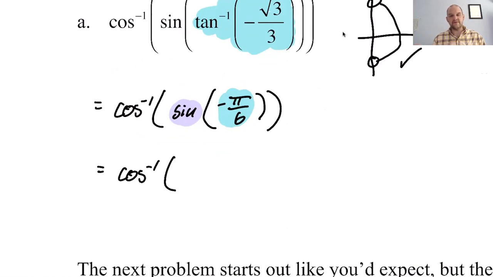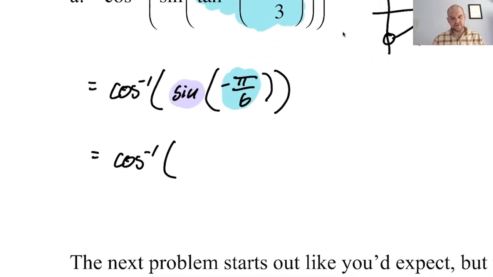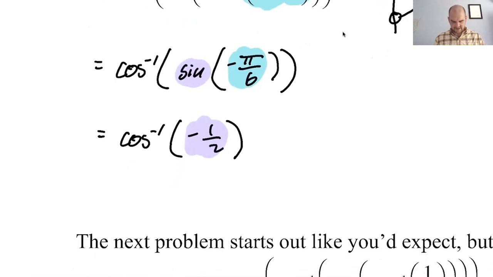Or, sine is odd, so it's going to be the negative of the sine of pi over 6, because I'm using even-odd properties. The sine of pi over 6 is 1/2, so the negative of that is negative 1/2. So this came from this. I don't know if that's good color coding. I guess it's all right.